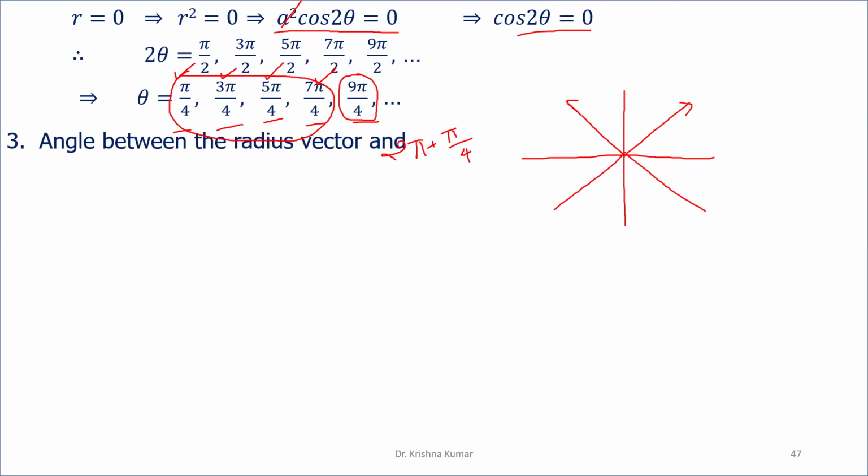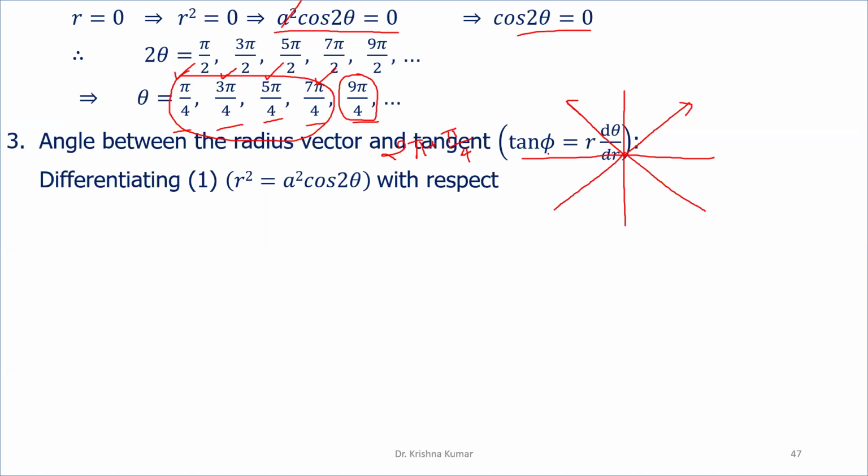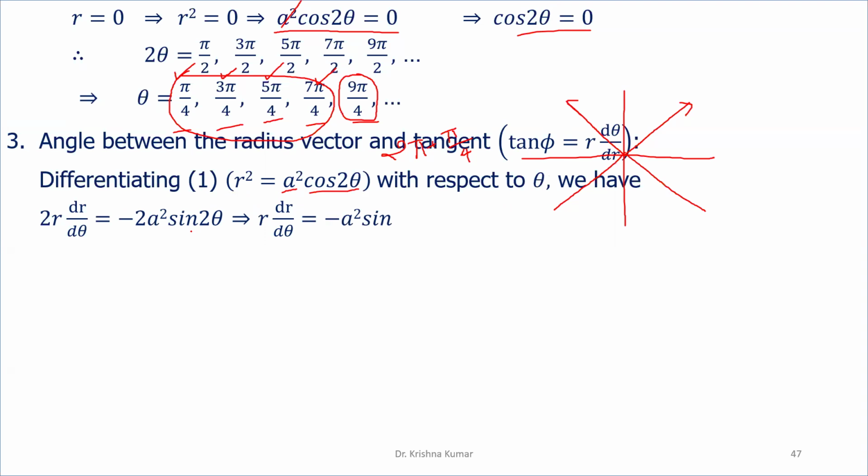Angle between the radius vector and tangent. So now we will take the relation tan phi is equal to r d theta by dr. Differentiating r square equals a square cos 2 theta with respect to theta, we have 2r dr by d theta equal to a square, cos 2 theta gives minus sine 2 theta, and again 2 theta gives 2.